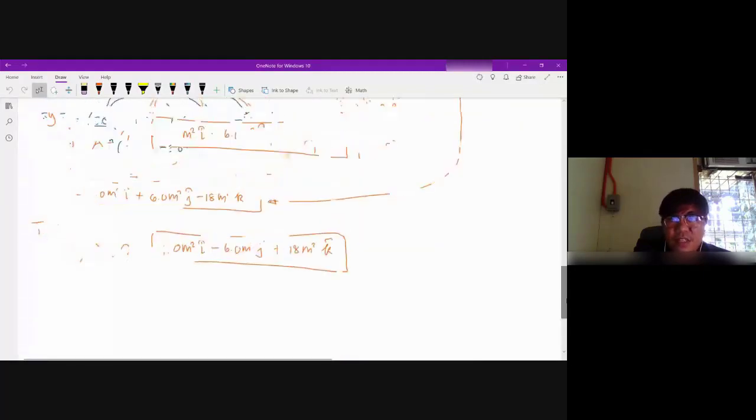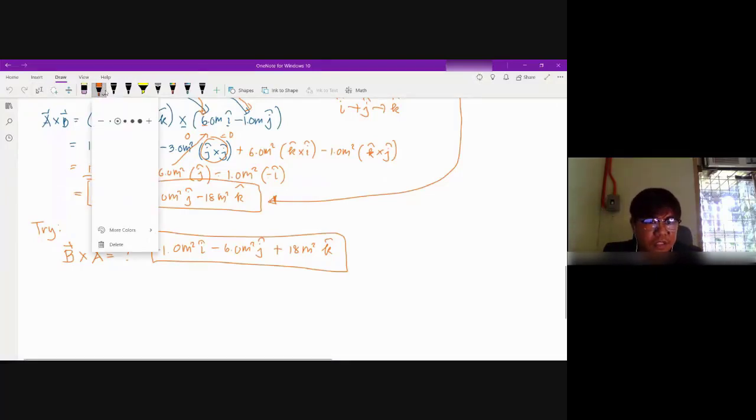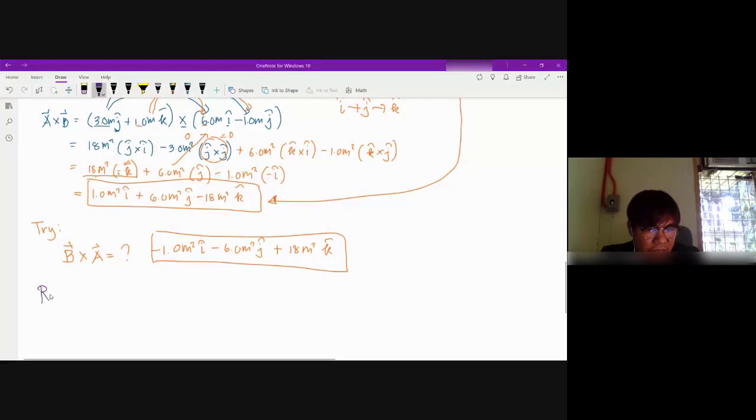Okay? So, right-hand rule. Sir, I am left-handed. Can I use my left hand? The answer is no. For now, we cannot use your left hand.